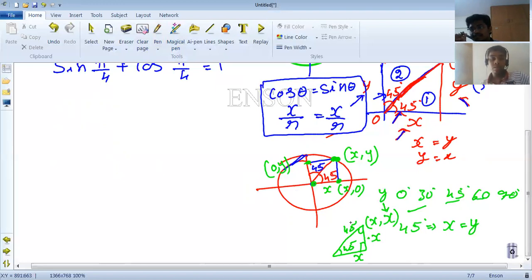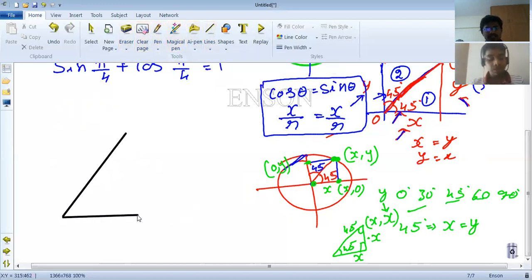Again, any doubts you are having? It's quite clear. See one more time if you want. It is a right angle triangle. In this right angle triangle, this is the 45 degrees we want to find, and this is 90 degrees for the right angle triangle, and this is 45 degrees. As we know, the length from the origin to x will be x, which will be opposite to 45 degrees.